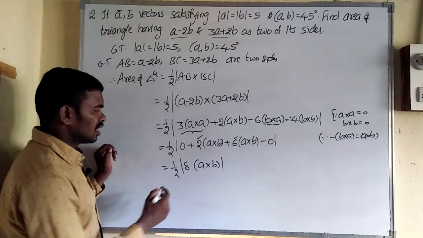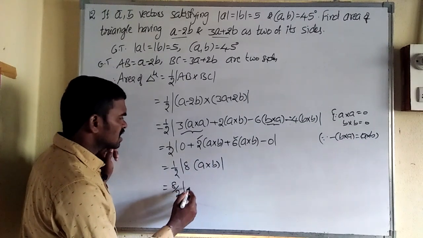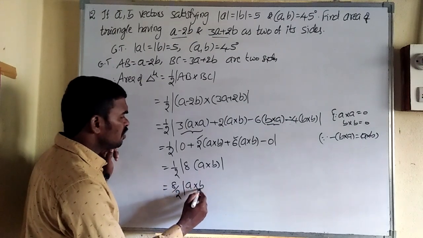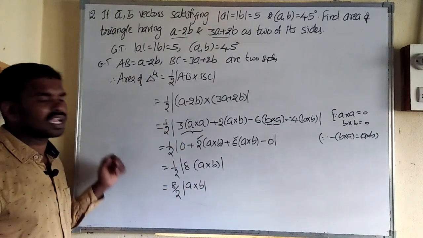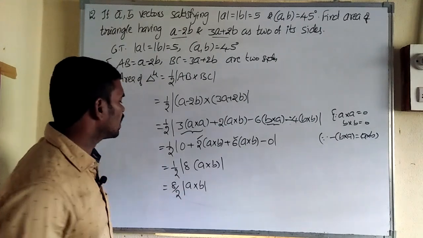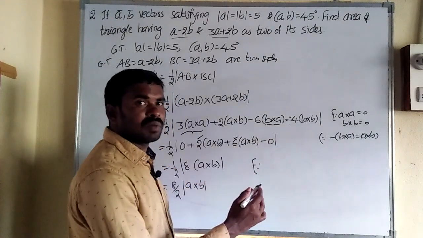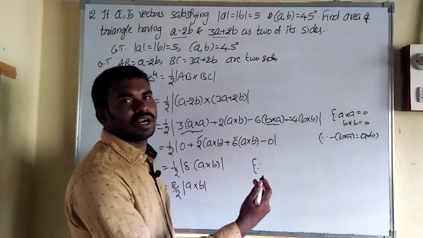Okay. Now 8 is a constant, we can write it outside: 8 by 2 modulus a cross b. What do we mean by modulus a cross b? Can we write mod a cross mod b? No, it cannot be written. As usual we know the cos theta formula, that is a dot b by mod a mod b.